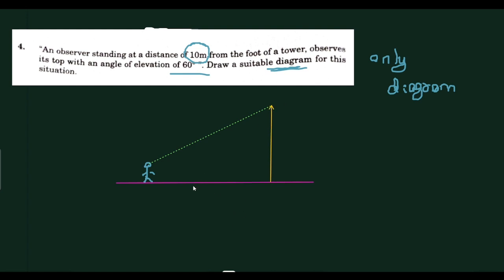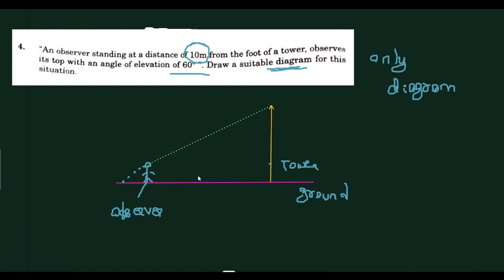Now he gave us some values. Let's see what they are. We need to mention the values as well. So this is the ground, you can mention it is ground, and it is the tower. Here it is the observer. We need to mention each and everything. Now it's time to write values.